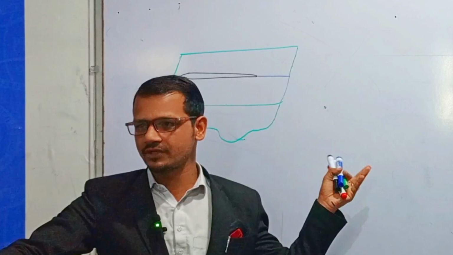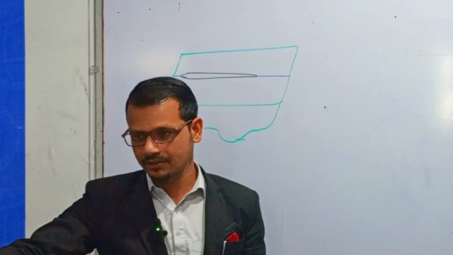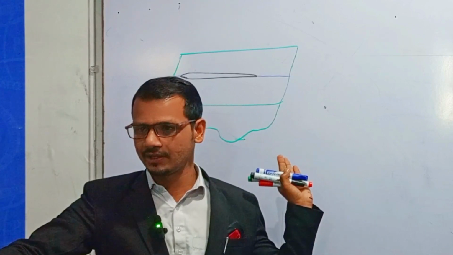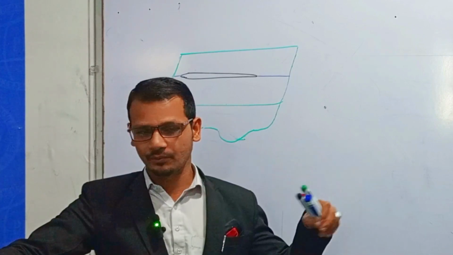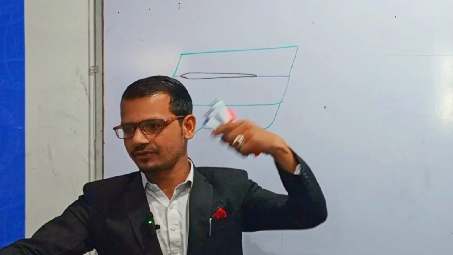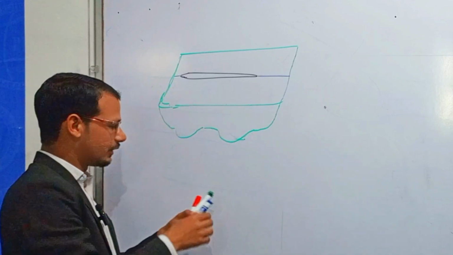The fornix system is related to memories, recollecting memories, right? Memory is basically a function of the mammillary bodies, but when we recollect the memories, the fast memories, this is the function of the fornix system, and this fornix system enters the hypothalamus.